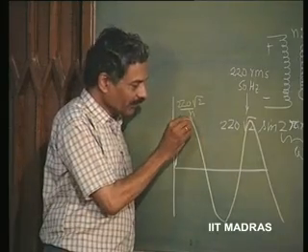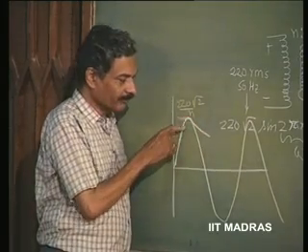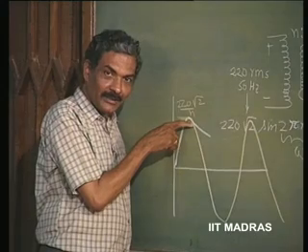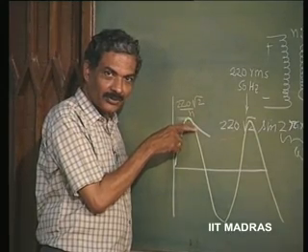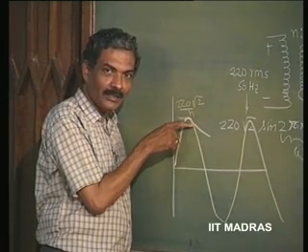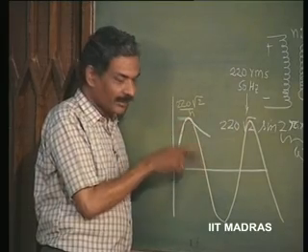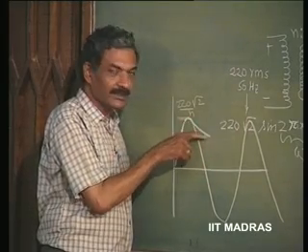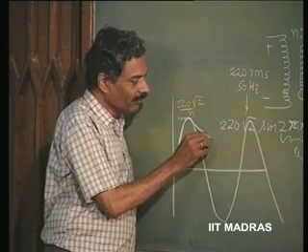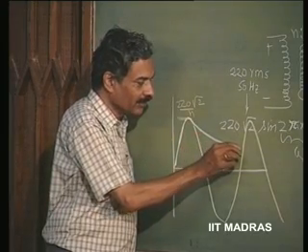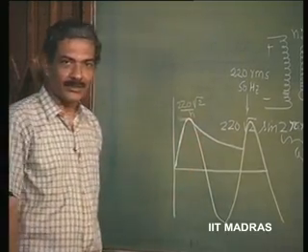again it will try to discharge. This process will go on until the rate of discharge is going to be slower than the rate at which input voltage is decreasing. If this rate is faster than this discharge rate, this discharge will go on like this very slowly until this point is reached.